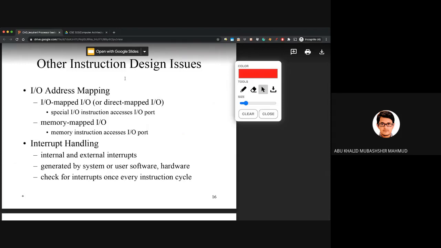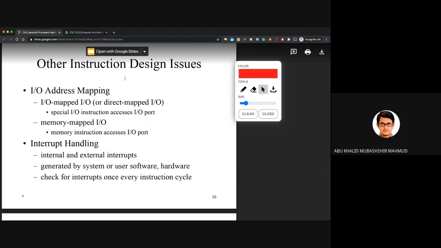So if we require different instruction sets to access the input output port, it is kind of a problem, not a big one, but at least a smaller one comparatively. So then again, the memory mapped input output, the memory instruction accesses input output port.